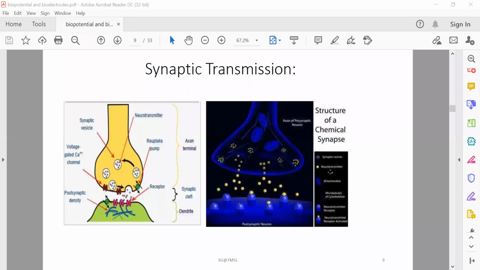So when a nerve impulse reaches the synapse at the end of a neuron, it cannot pass directly to the next one. Instead, it triggers the neuron to release a chemical neurotransmitter, which drifts across the gap between two neurons.